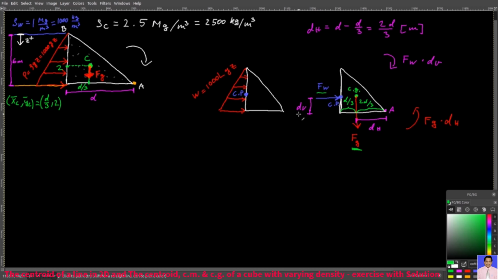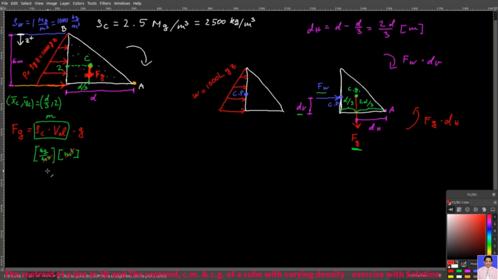Fw and dV, for which we first need to find the center of pressure of the distributed load. The density of the concrete in the dam is 2,500 kilograms per cubic meter. So force of gravity equals the density of the concrete, the volume of the dam, times g. This part here will give you the mass. You have the units of the density and the volume.